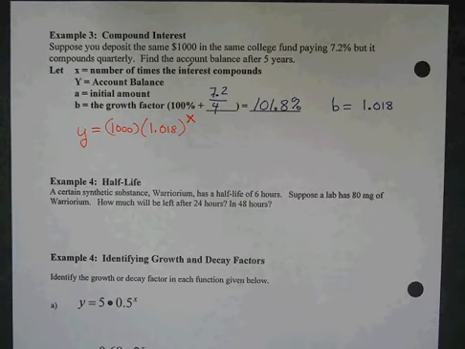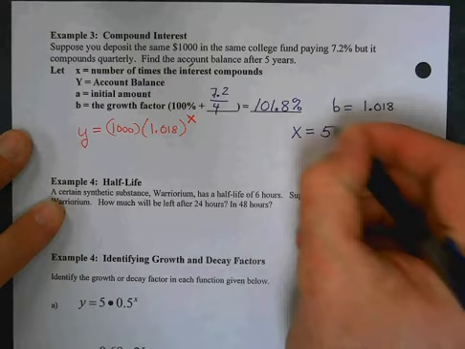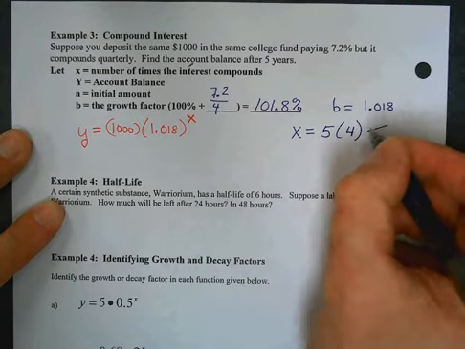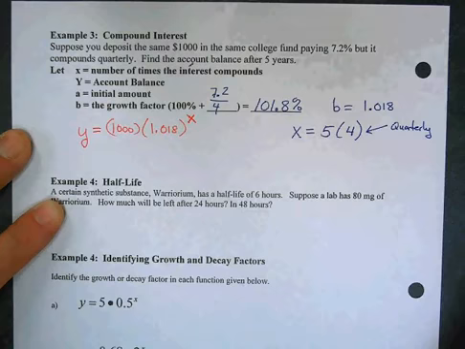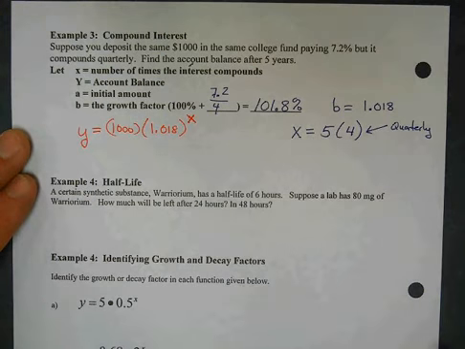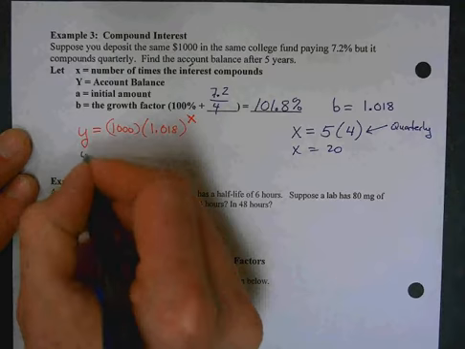Not 5, but 20. So, off to the side here, I want to say x equals 5 times 4. Put a little note there that says quarterly, because later you're going to forget how to do this. So x equals 20.